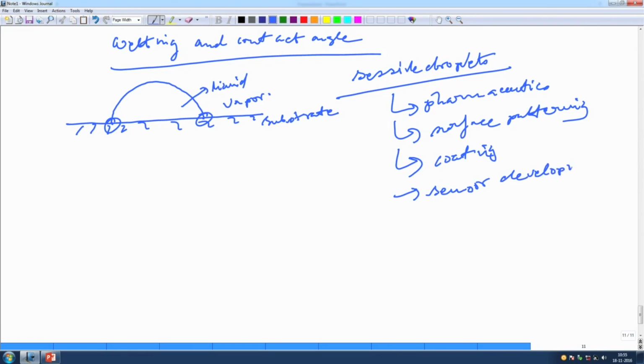You name any application, it will have a sessile droplet, one way or the other. So, it is important to know how we can analyze this sessile droplet, and what the flows are that are introduced within it.